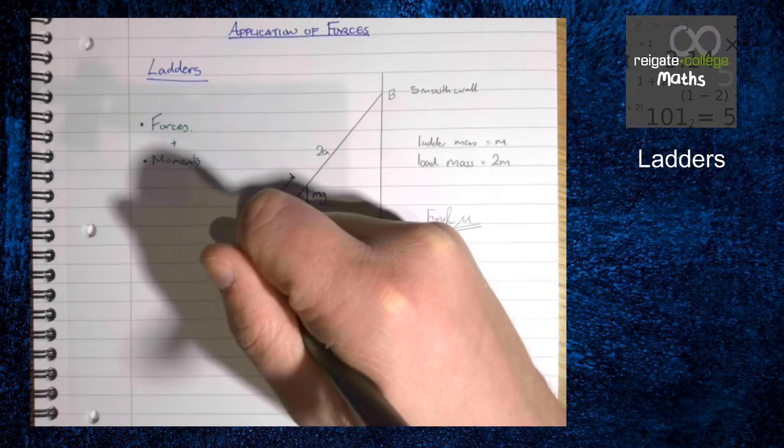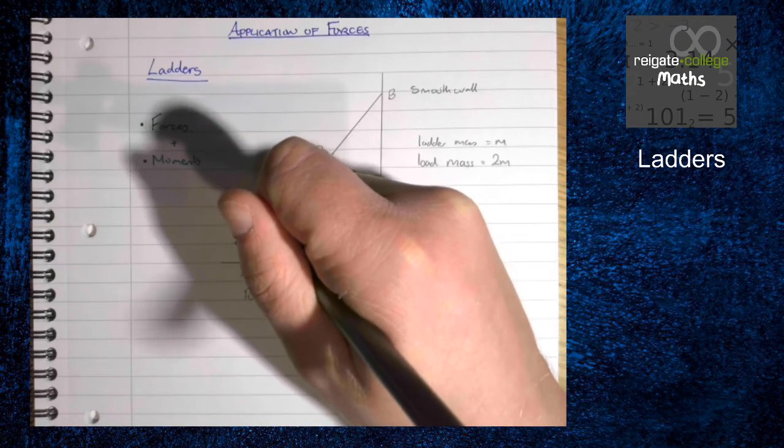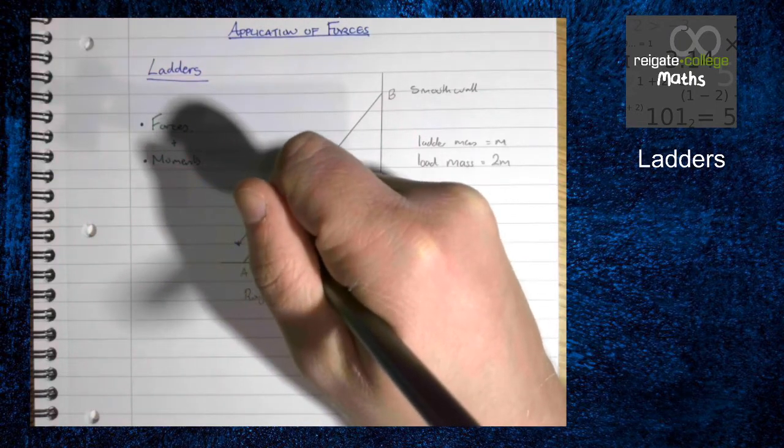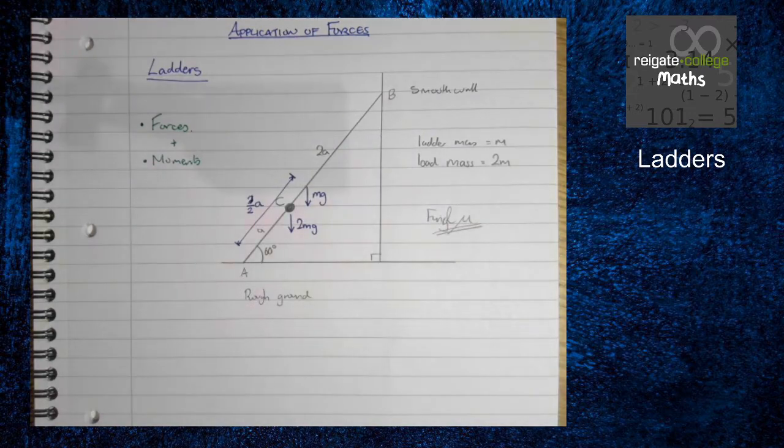Doesn't have to be neat, don't forget. Unless you're told to draw a diagram, the diagram is just for you. And in all likelihood with things like this, we're probably going to be given the diagram.